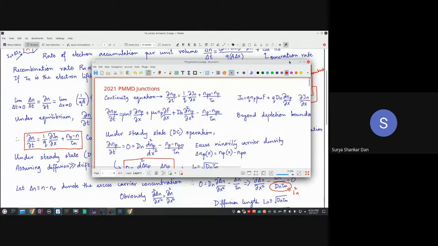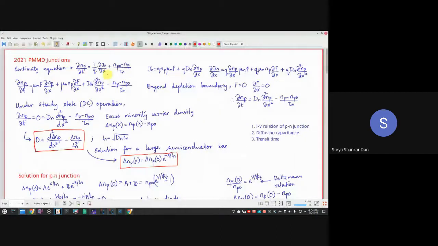So henceforth, especially for junctions, for any kind of junction we encounter, we will denote it with this kind of symbol. What does it mean?